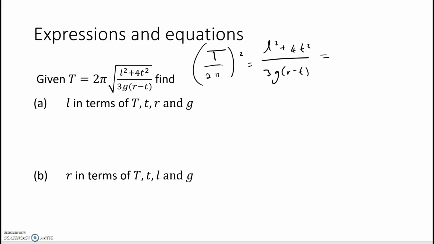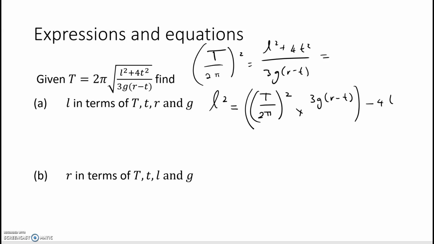So then we've got that L squared equals t over 2 pi squared times the bottom line, I don't need to put that in brackets, or maybe I do, minus 4t squared. So then L is going to be the square root of all of that.